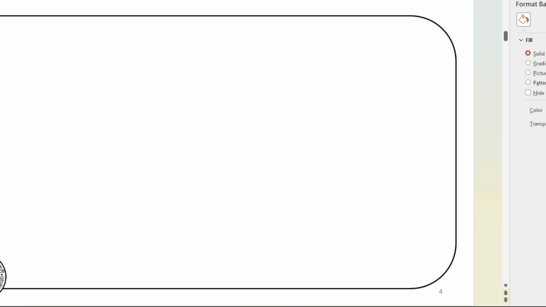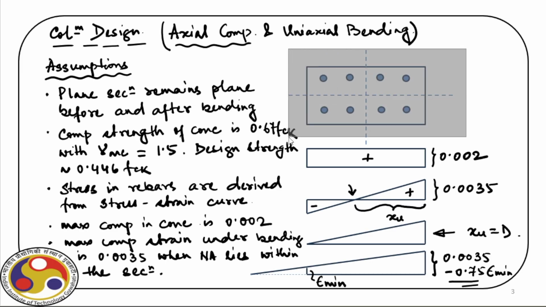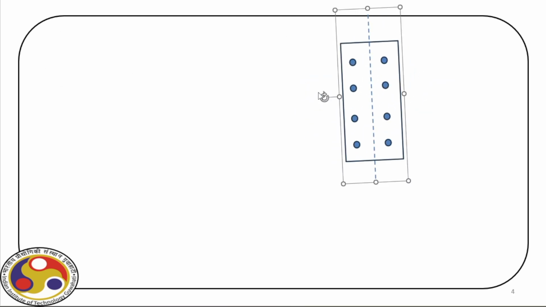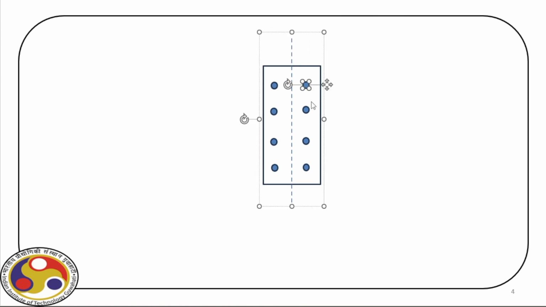So what we do, let us copy this cross section. Let us redraw the strain diagram once more, and we'll see why we have that case when we have XU going beyond capital D. So let us draw this line, and for this case we have to draw the strain diagram once more.